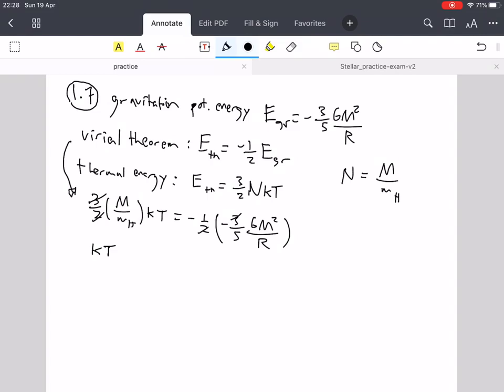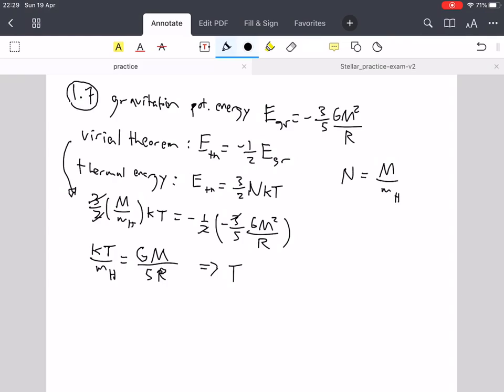So you get kT over m_H, and we can bring over one of those capital M's so that on the right hand side is just GM divided by 5R. Okay?